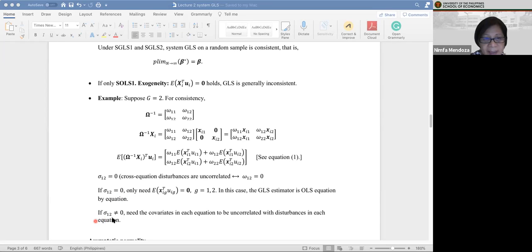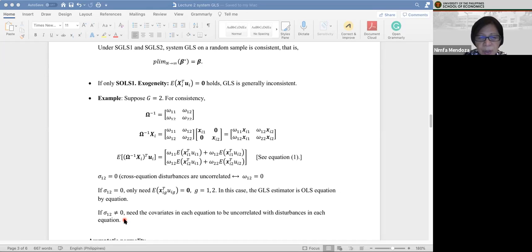In the general case, though, if sigma sub 1, 2 is not equal to 0, there is correlation between the disturbance term in the first equation and the disturbance term in the second equation. So suppose you have in the SUR model the quantity demanded for each good as your equations.